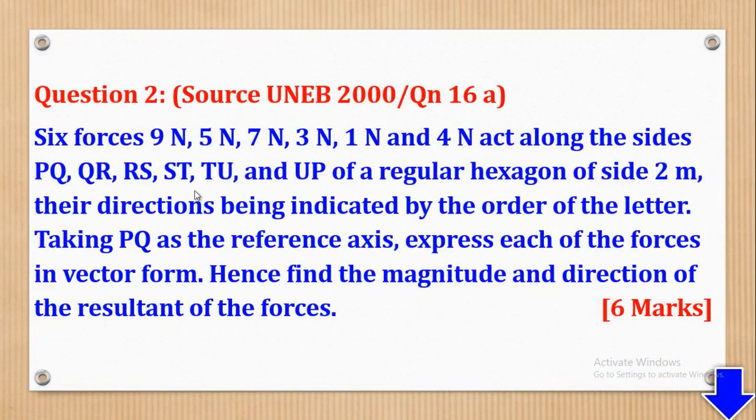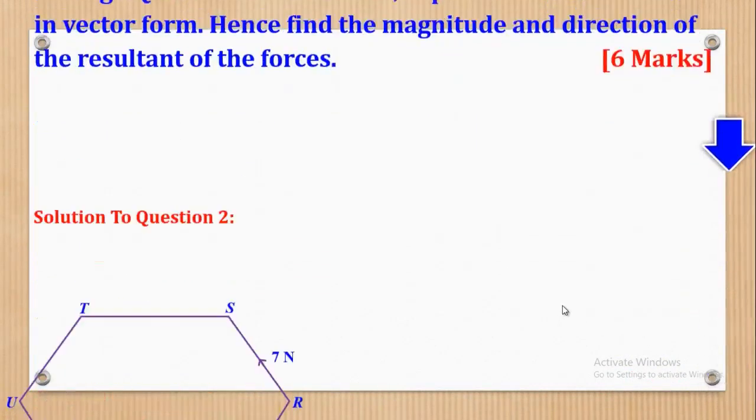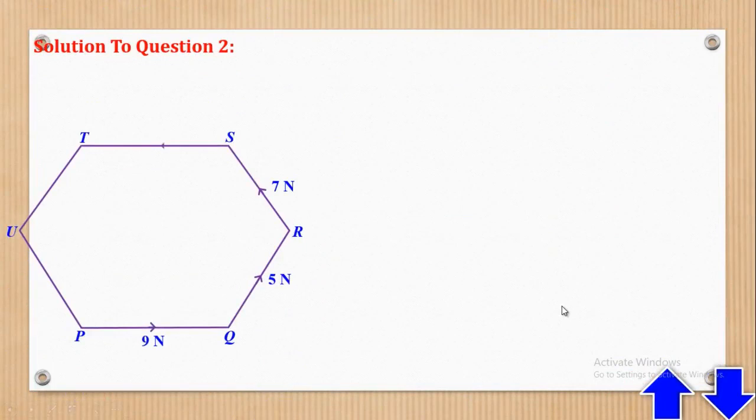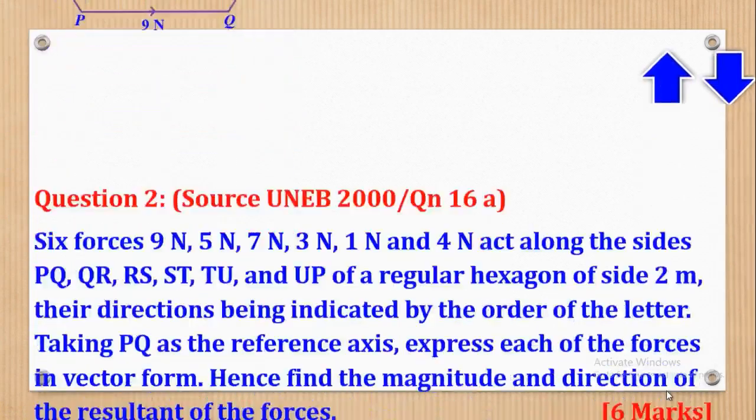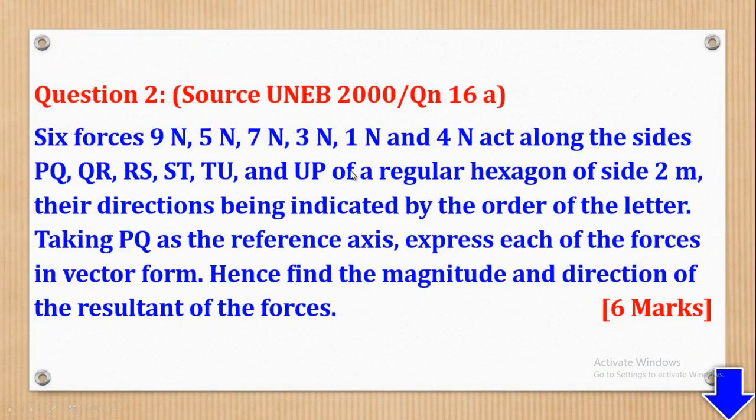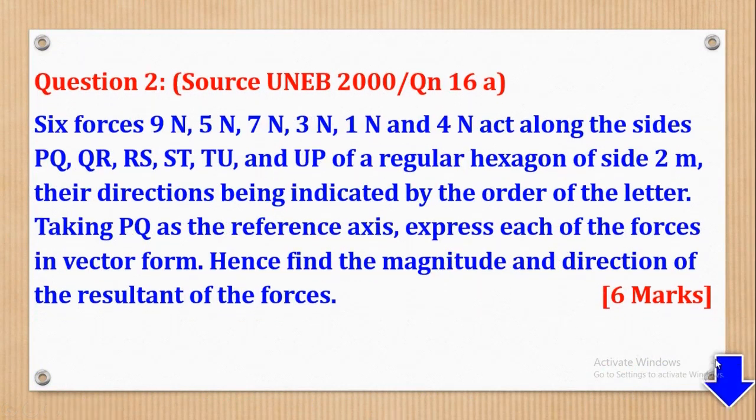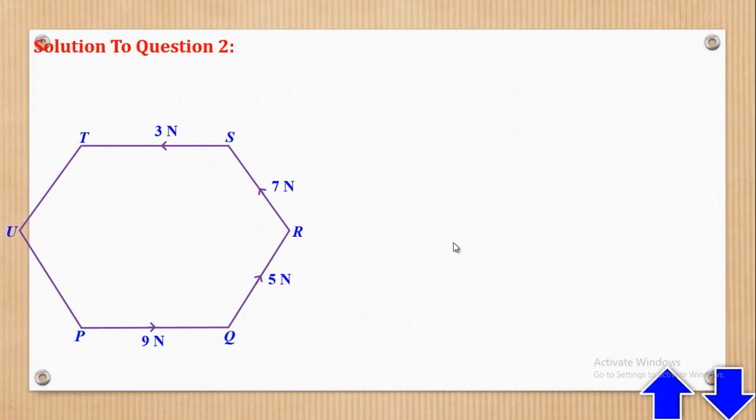Then the direction ST corresponds to 3 Newton force, so we put 3 Newton force. Direction TU corresponds to 1 Newton force, and direction UP corresponds to 4 Newton force. So TU is 1 and UP is 4. So basically that's what was given in the question.